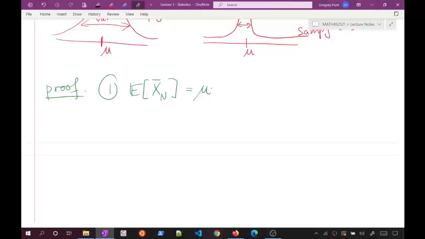How are we going to prove this? This is basically our previous theorem. The expected value of the arithmetic mean is just the expectation of 1/n times the sum of the x sub n's. I can pull constants out of my expectation, and I can pull the sum out of my expectation too.